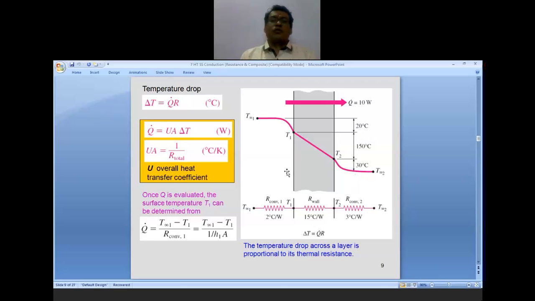This is also because of the gaseous film. So this is the convective resistance at T infinity 1. That means the temperature difference across T infinity 1 and T1 upon 1 upon H1A. Now H1 is your heat transfer coefficient on this side. H2 is your heat transfer coefficient on the other side.